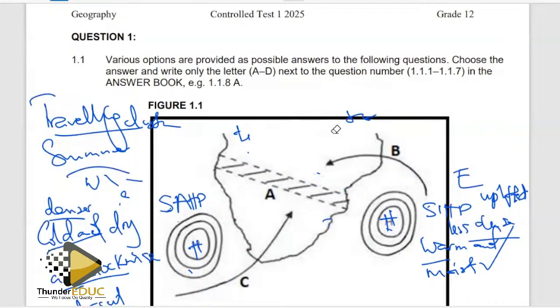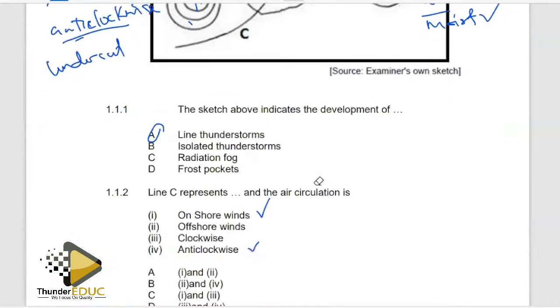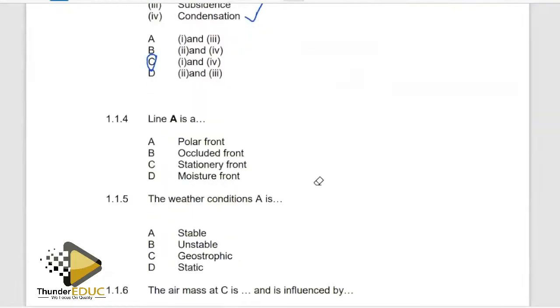What kind of demarcation or front is that? We call it a moisture front. So line A is a moisture front according to the illustration. Right.